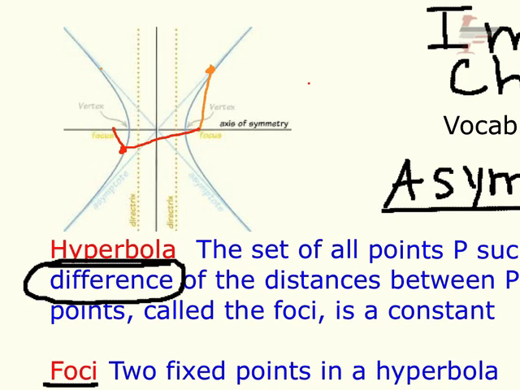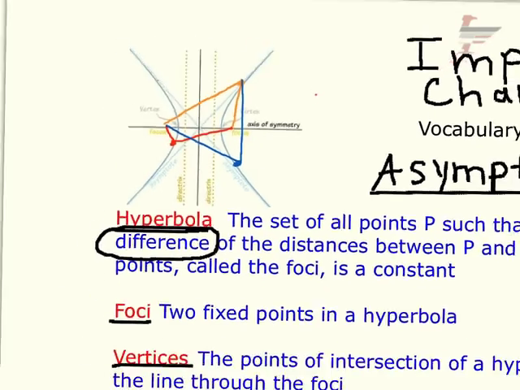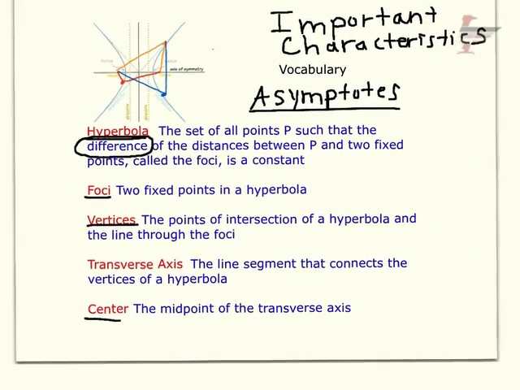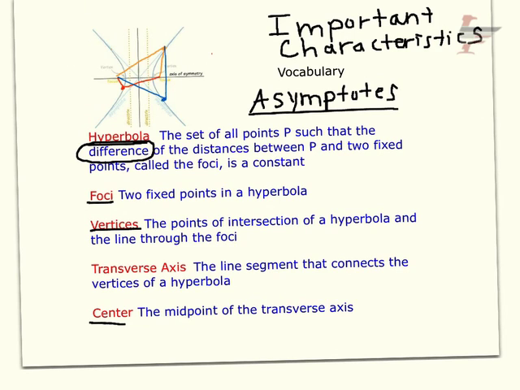That distance minus that distance, actually the other way around, always take the longer minus the shorter, so the difference in the orange lengths will be the same as the difference in the red lengths. I can pick a different point on the hyperbola, let's say this one. I can calculate the distance to the two focus points, and the difference between the blue lines will be the same as the difference between the red and the difference between the orange lines. So I think you get the idea here. So that is the definition of a hyperbola.